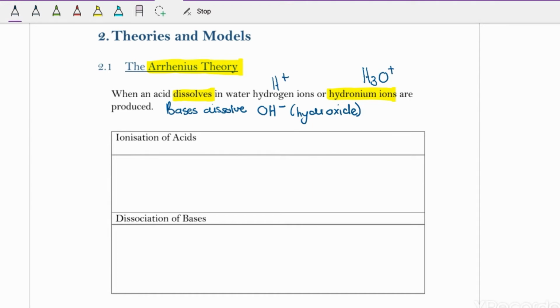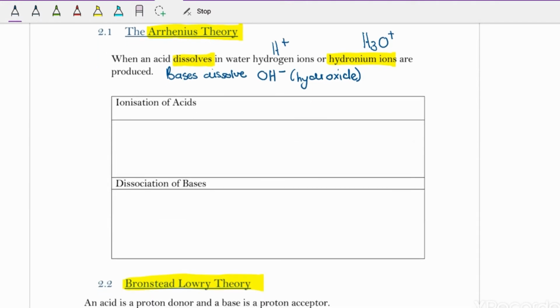Okay, so let's quickly look at an example of the ionization of an acid. Let's take, for example, hydrochloric acid. If you have a gas and you pump it through water, you're going to have ionization to form hydrogen ions as well as chloride ions.